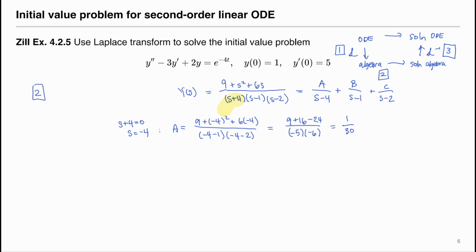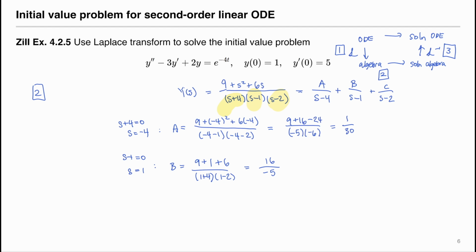Now let's cover up the second term. So we want s minus 1 equals to 0, so s is 1. B equals 9 plus 1 squared, 1 plus 6 times 1, divided by, second term is covered up, so the first term 1 plus 4, and the third term 1 minus 2. That equals 16 divided by minus 5.